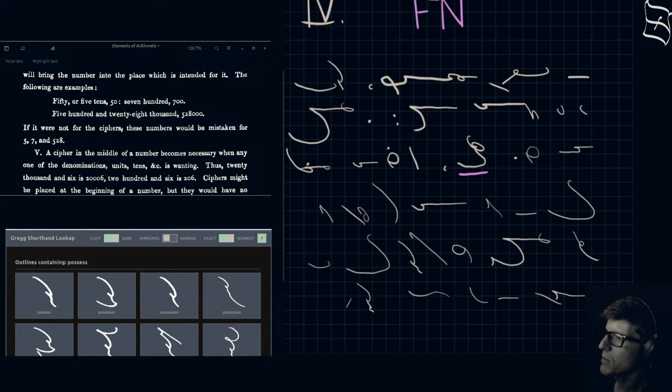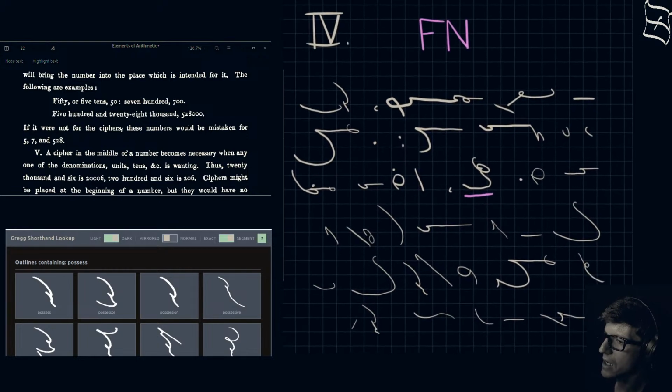So let's go ahead and read back over this line and let's see what it says. In linked numeration, positionality is of utmost importance.